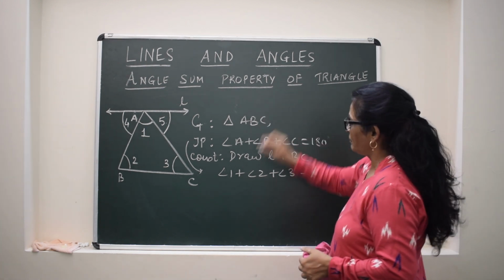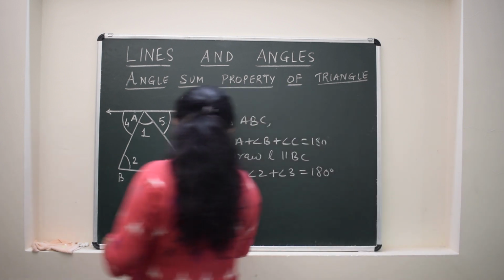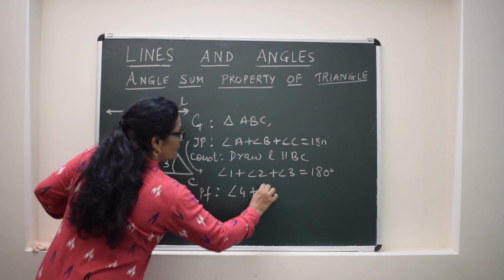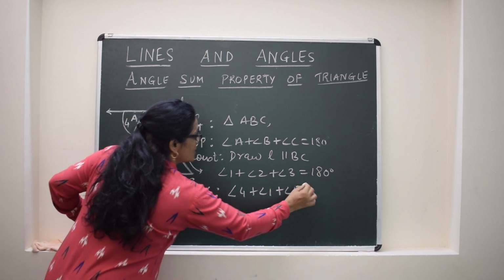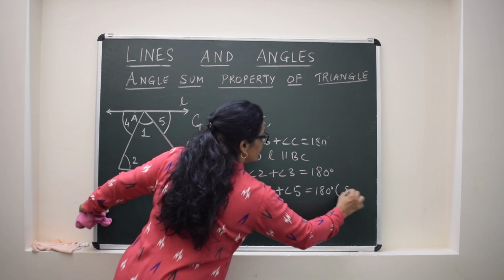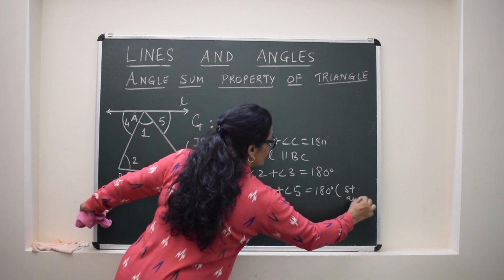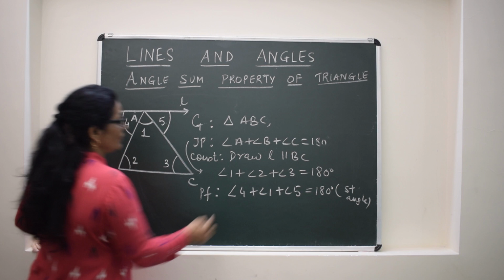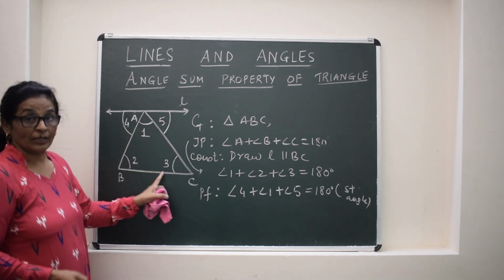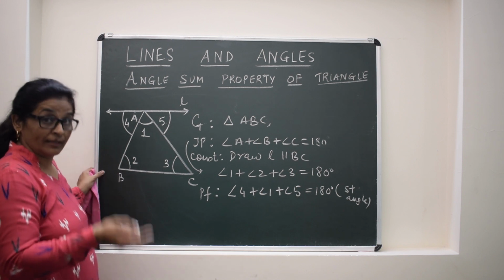So we can say for the proof, first we will write angle 4 plus angle 1 plus angle 5 is equal to 180 degrees. The reason is straight angle. Okay. Now we will replace this 4 with this 2, 5 with this 3. But before that we will write why are they equal.